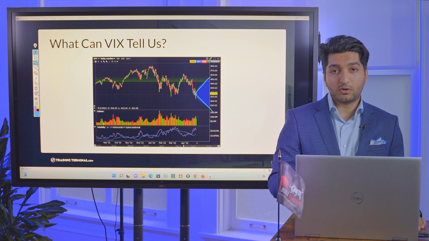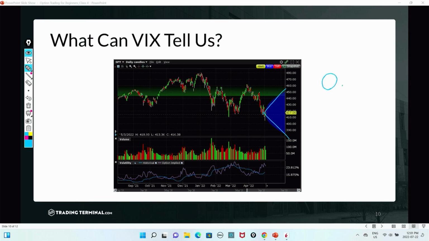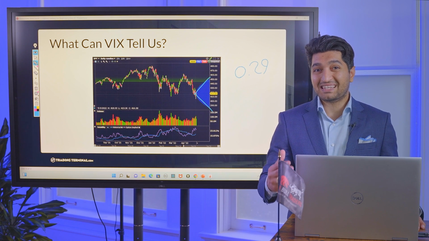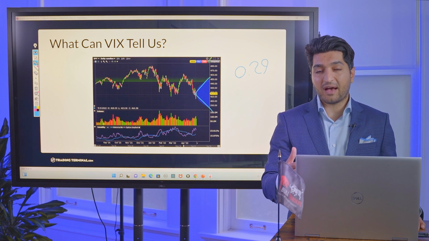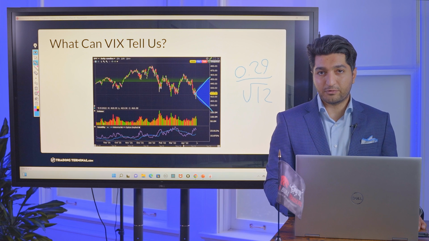If the volatility or VIX is 29, we know that the volatility is 0.29. Volatility is always quoted in an annual format, but we know VIX is the 30-day implied volatility, so we have to turn it into a monthly volatility. You simply divide this by the square root of 12, and now you get the monthly volatility.